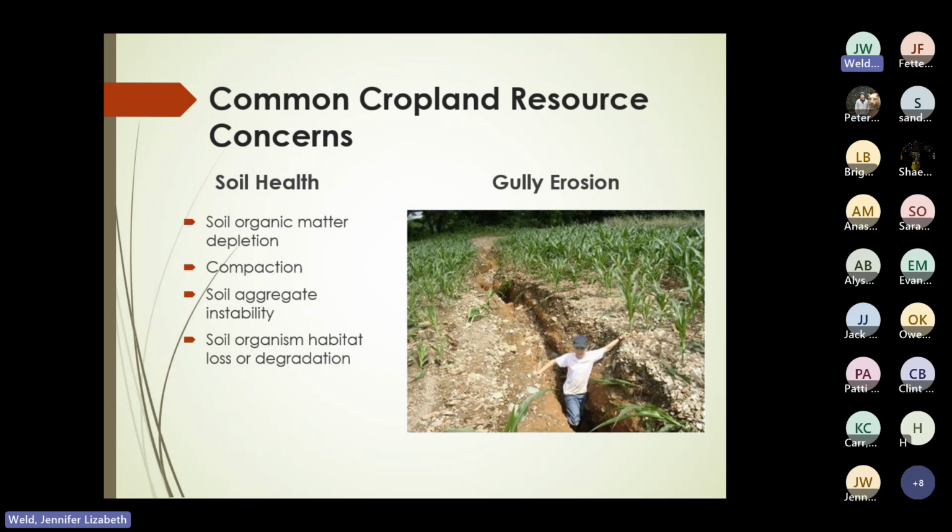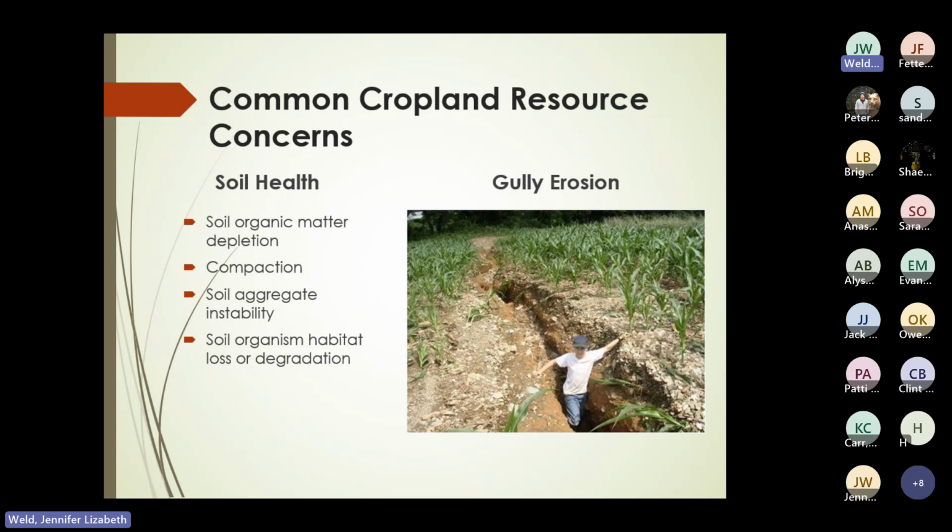Basically what that results in is a soil that doesn't have a strong structure, right? Soils have texture and soils have structure, and they need structure in order for roots to penetrate down through the soil, and in order for microorganisms and macroorganisms to exist in the soil to maintain a healthy, balanced soil.